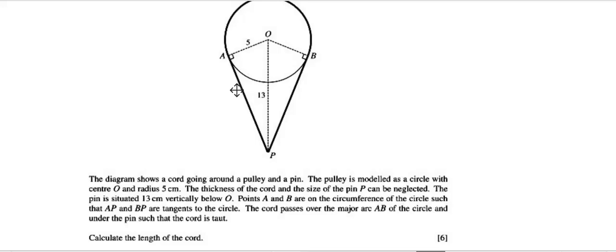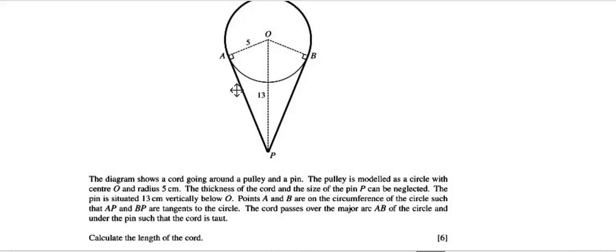The pulley is modeled as a circle with center O and radius 5 centimeter. The thickness of the cord and the size of the pin P can be neglected. Again, another thing to note, conceptual understanding, it can be neglected.